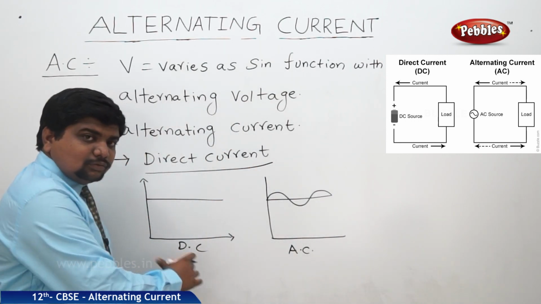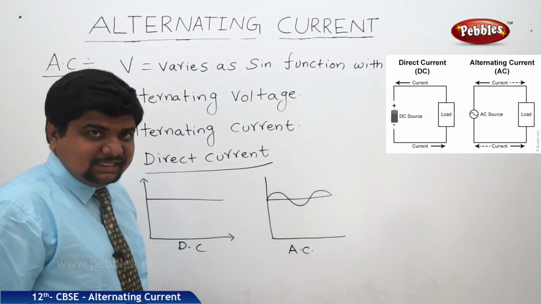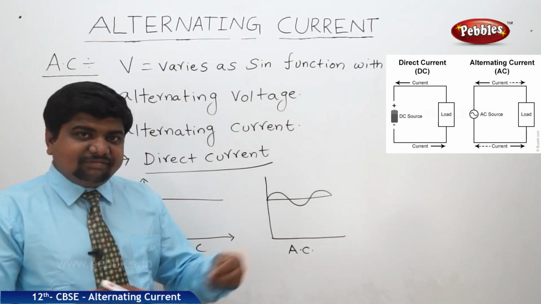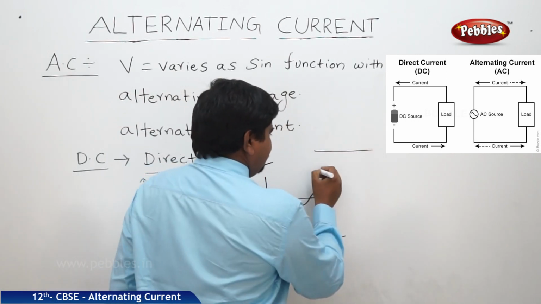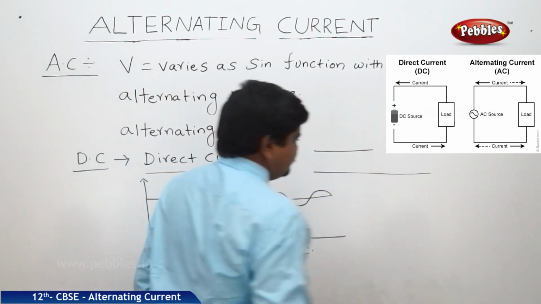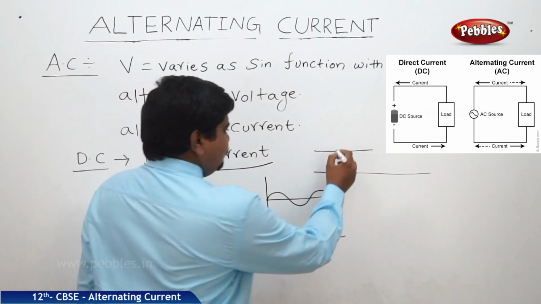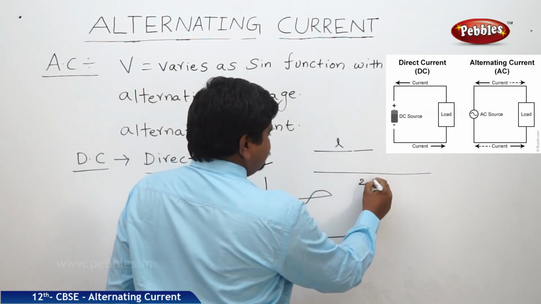DC currents won't travel to longer distances. Suppose you have a wire with some length, and this is another wire which is longer. Let us say this length is L, this length is 2L.